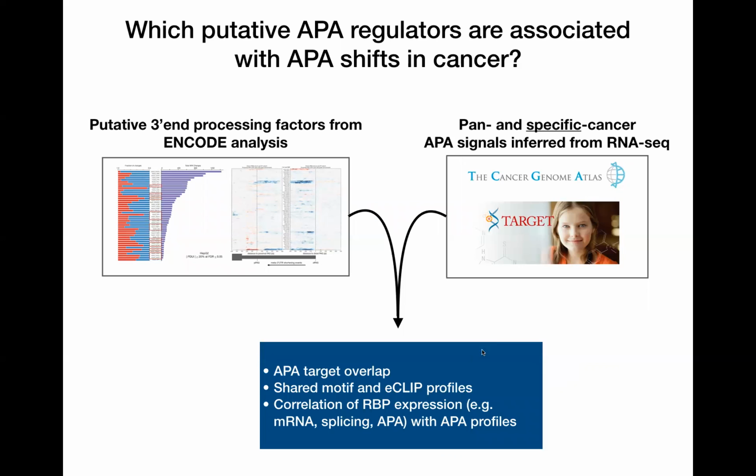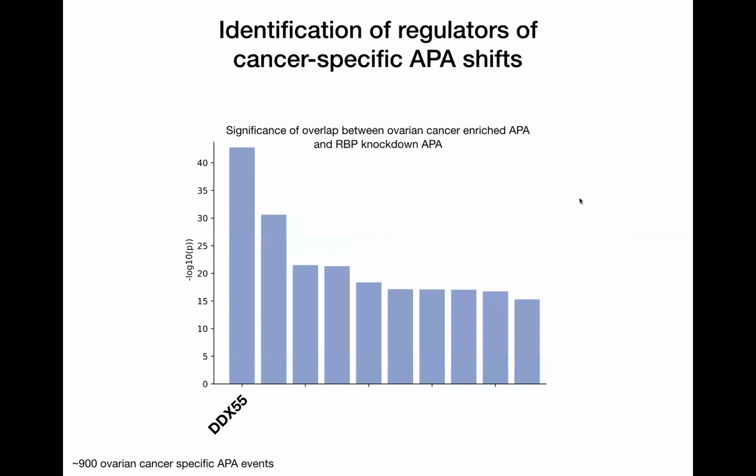So we wanted to go a little bit further and look at specific cancers. That previous analysis from the literature is pan-cancer analysis. So looking at some specific cancers, we wanted to see if DDX55 looked interesting in any of them. I'm just showing one of those results. In fact, the most significant association between any RBP and all the different cancer types that we looked at was DDX55 with ovarian cancer.